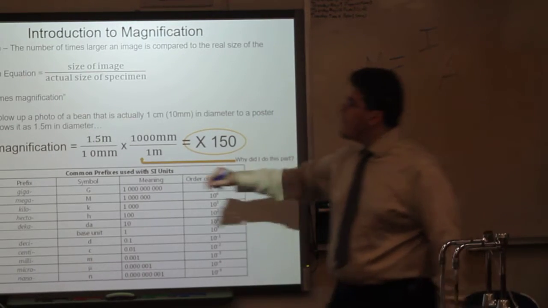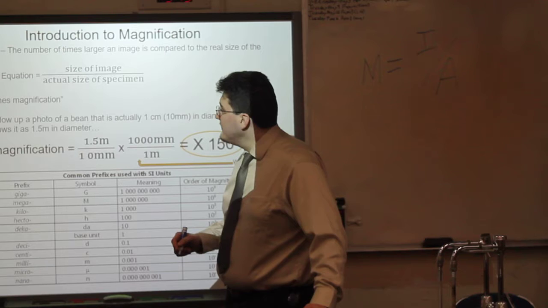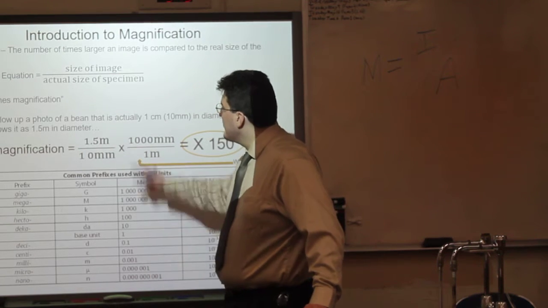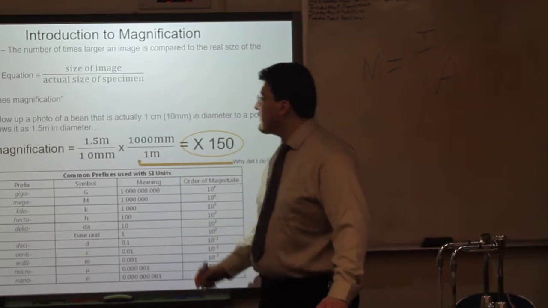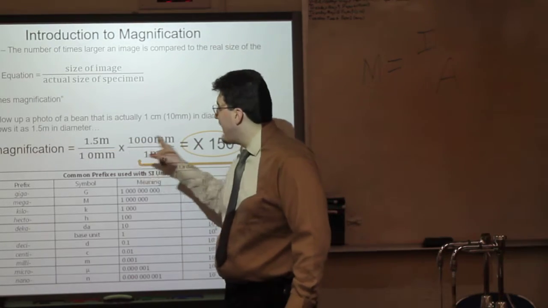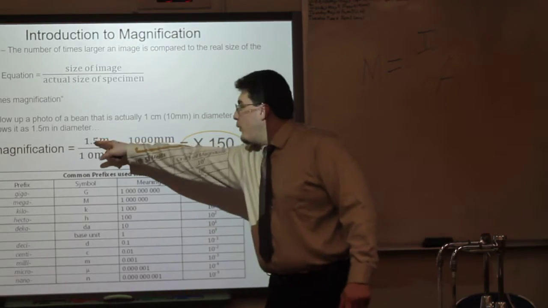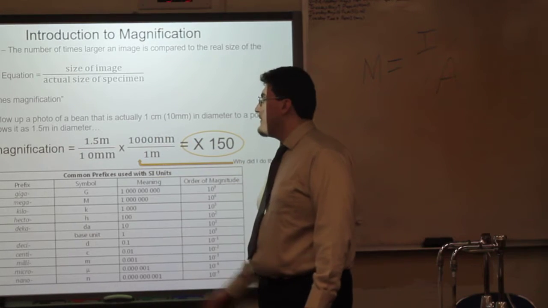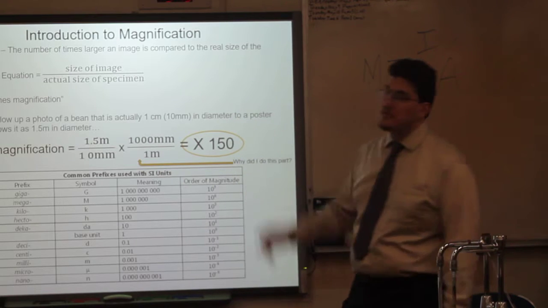So I am going to multiply this 1.5 meters of image size and 10 millimeters of actual size by 1,000 millimeters over 1 meter, because that is my conversion factor that I require in order to cancel out meters and cancel out millimeters to get 1.5 times 1,000, that is 1,500, divided by 10, 150.